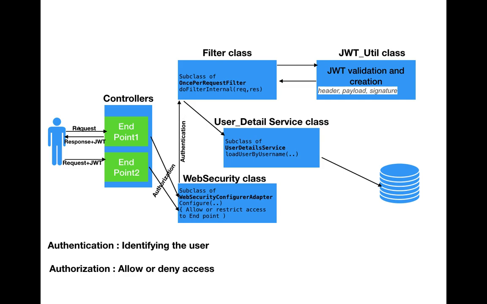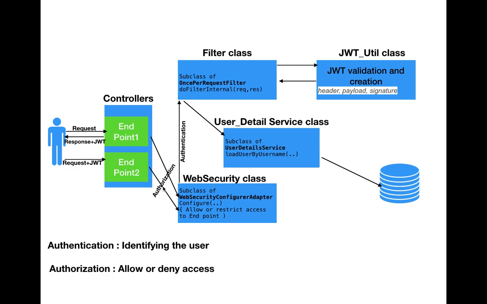Now it is provided to the user with the response from the endpoint. Maybe in the first endpoint we will provide just the JWT, and from the second endpoint onwards we will provide the actual service. From the second endpoint onwards, the user will always provide the request as well as the token the user got from the first request.